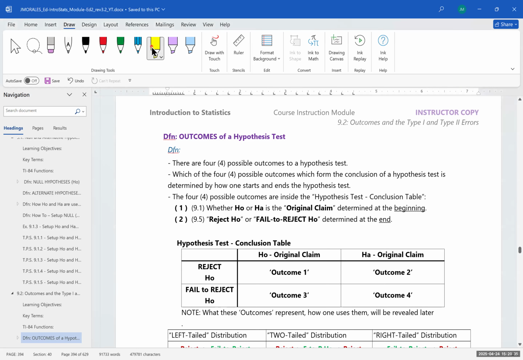Under outcomes of a hypothesis test, there are four possible outcomes. Which of the four possible outcomes, which form the conclusion of a hypothesis test, is determined by how one starts and ends the hypothesis test. The four possible outcomes are inside the hypothesis test conclusion table.